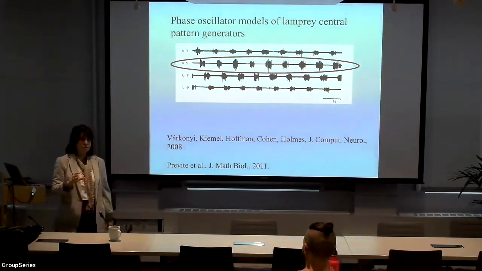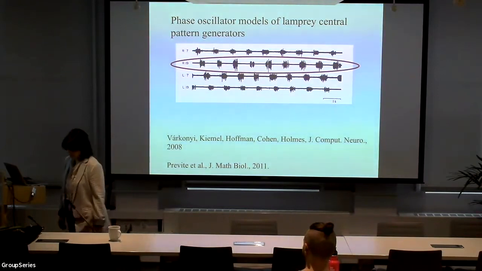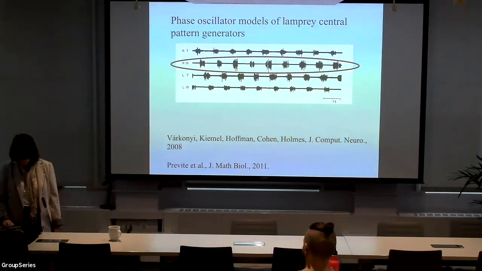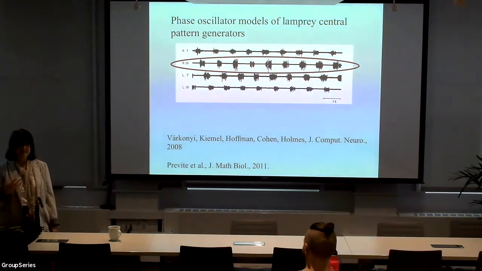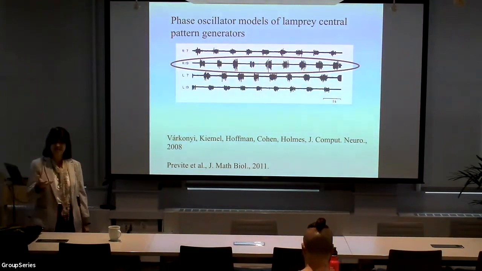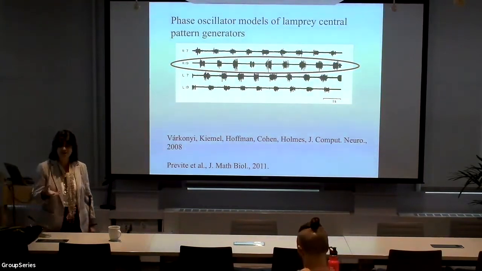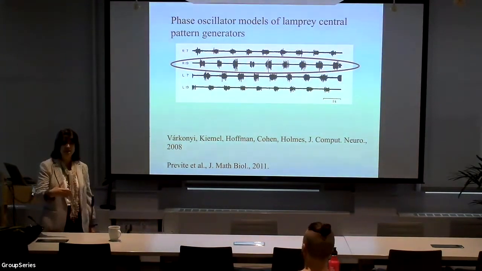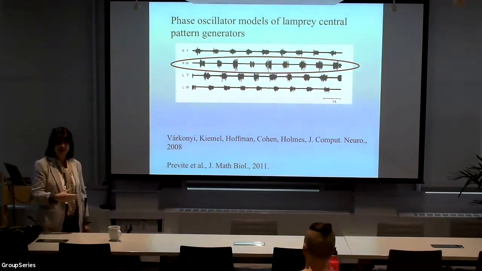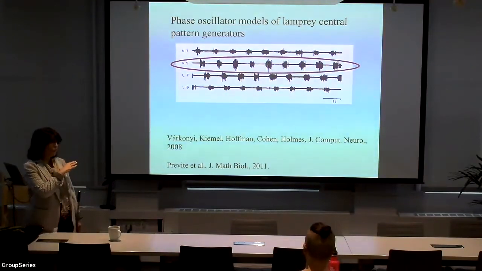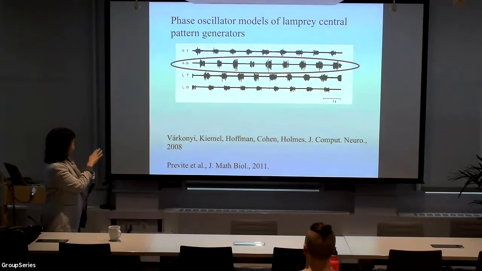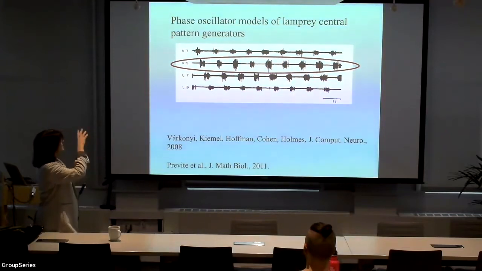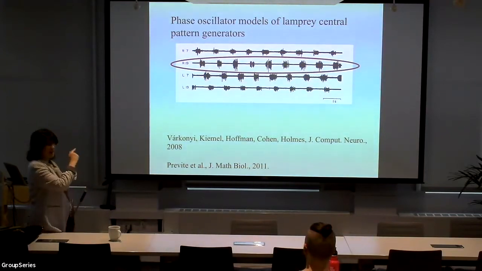So the first attempt, a simple attempt, rather than taking into account any of the details of the neurons, is to model this CPG as a phase oscillator model. Because what I'm telling you is that the information we're interested in here is not the amplitude of the spikes. We have an on-off signal.